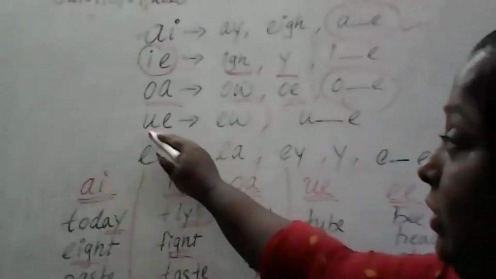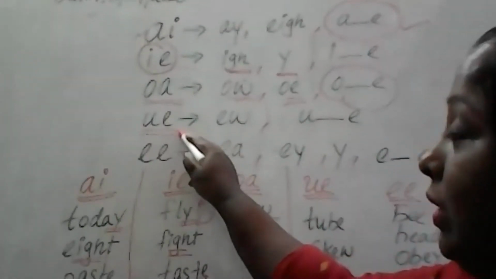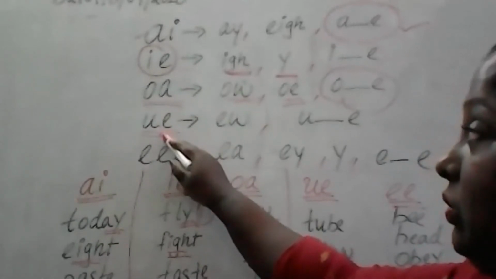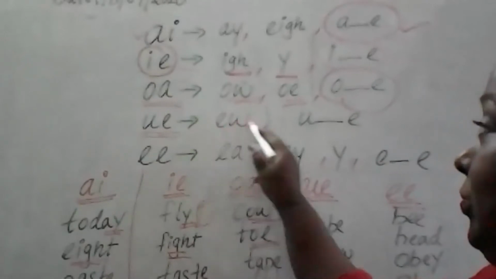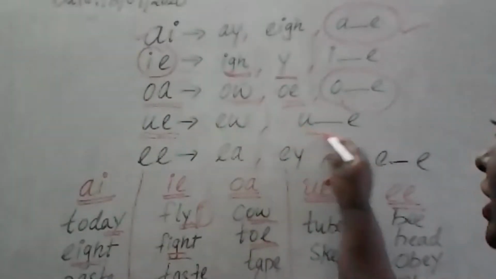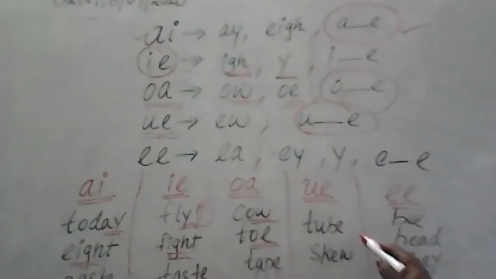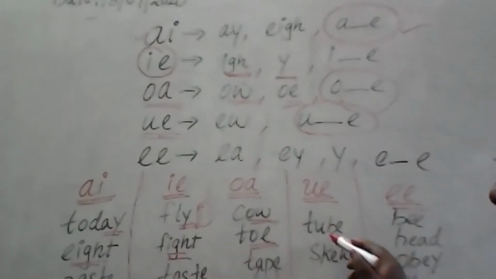Now coming back to the fourth long vowel, that is U. We are reading this as U. And here it is magic again, U. So what is the alternative here? Here it is tube and skew.